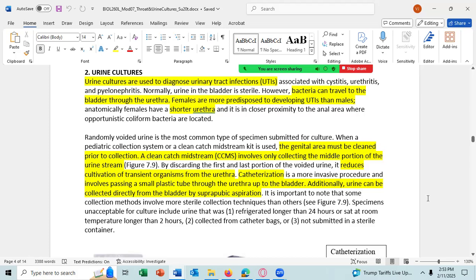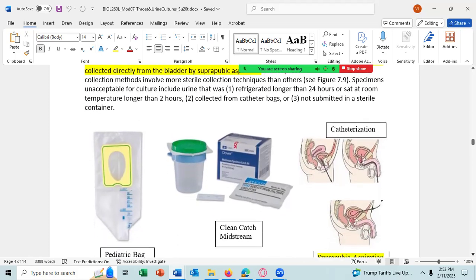The second way you can collect the urine is by a catheter, sticking the catheter through the urethra into the bladder, and then sampling the urine directly from the bladder. But realize if you do that, the catheter is going through the urethra, picking up microbes from the urethra, and then depositing those microbes in the urine in the bladder.